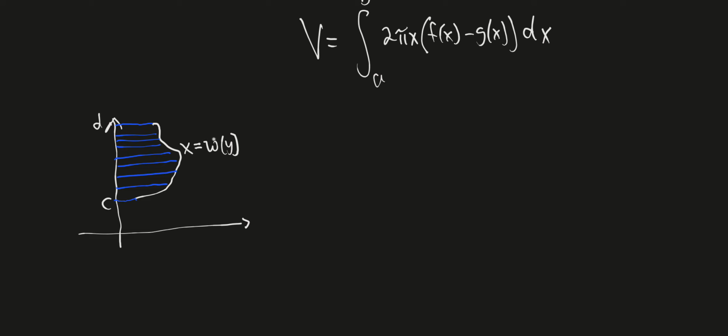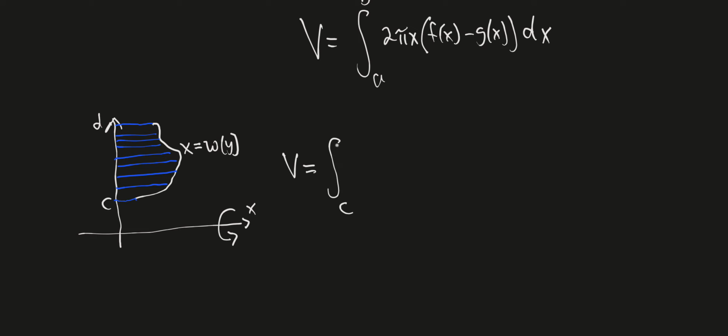The function is in terms of y, but let's say we revolve around the x-axis, and we don't want to go through the algebra of having to convert everything over to x and use something like a disk or a washer. So we can have a problem that's set up like this, and then the volume, in this case, of the solid that's formed when we revolve around the x-axis will be given by this integral.